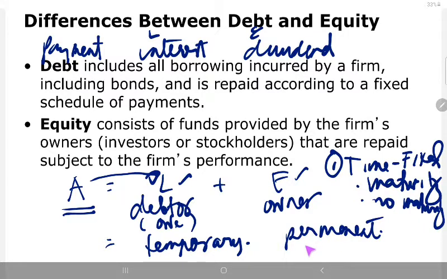Paano siya magkakaroon ng impact sa supply of funds? This one, you need to continuously, if you are the firm, no? Remember, we are looking at the perspective of the firm.